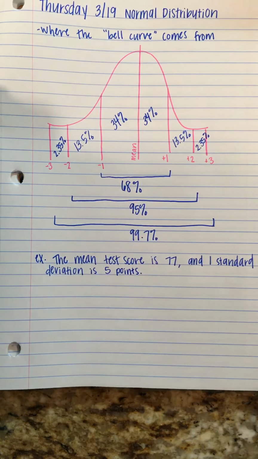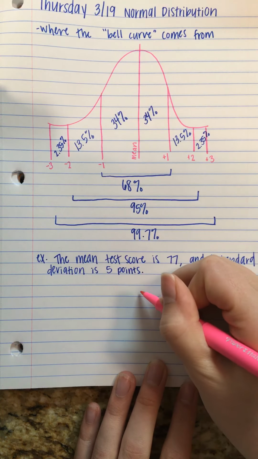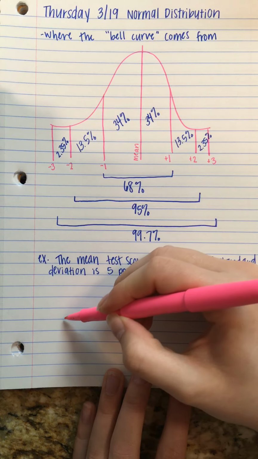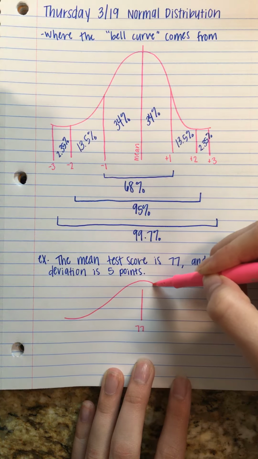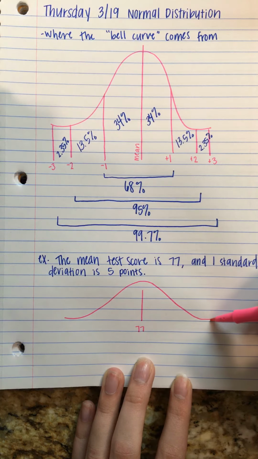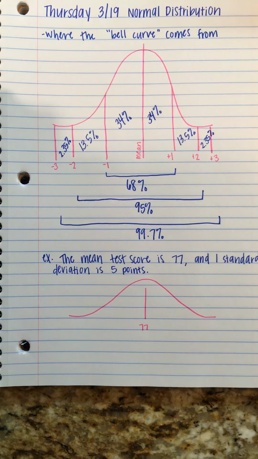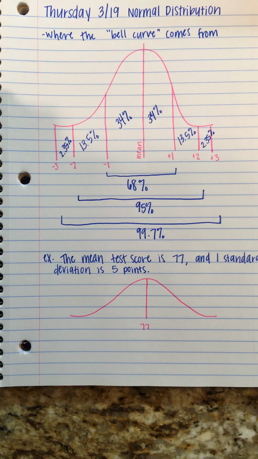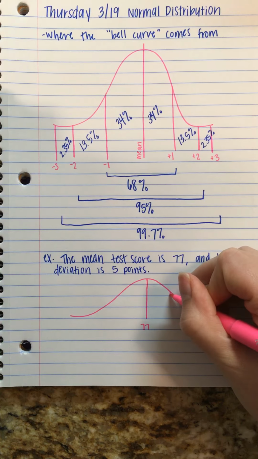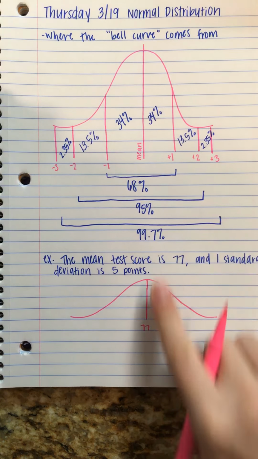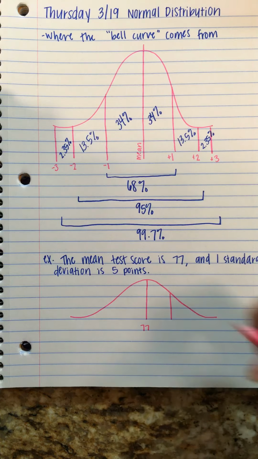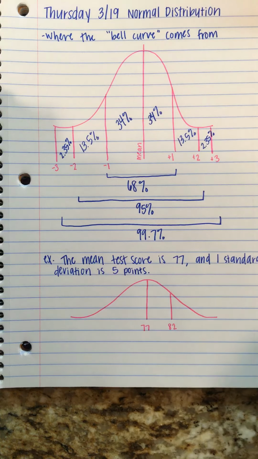So if we think about our normal curve, step one, our mean goes right in the middle. So our mean is 77. I'll go ahead and draw. Okay, so our mean is 77. That's smack dab in the middle of our normal distribution. Now I'll start right here. Plus 1 standard deviation. My standard deviation is 5. So this score right here, 77 plus 5, 82.